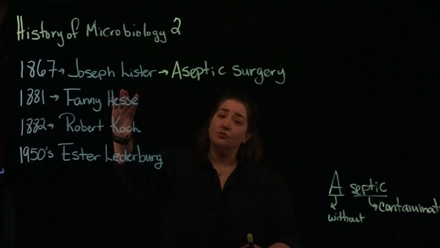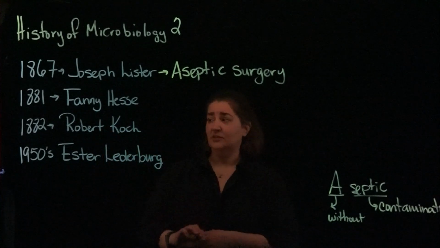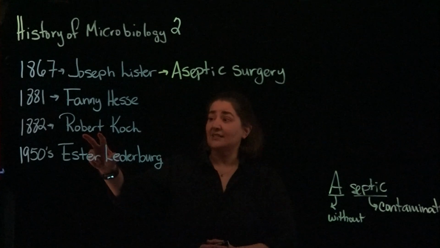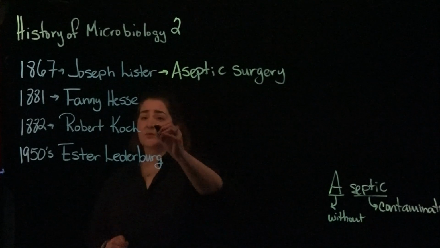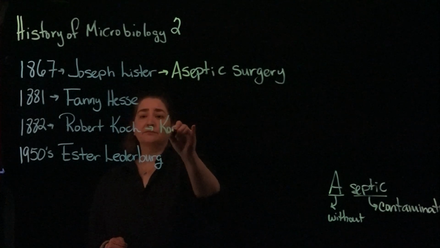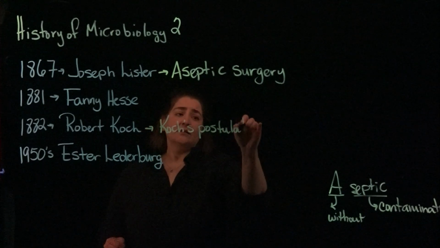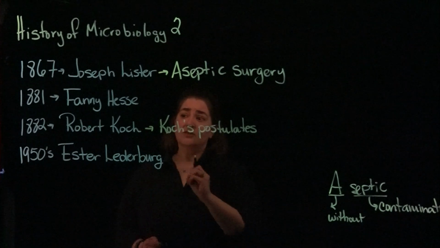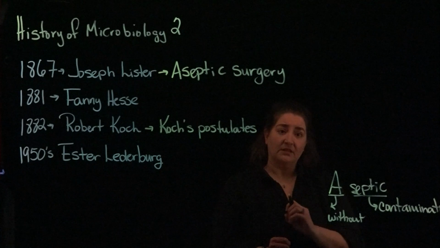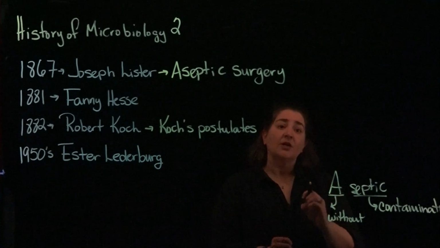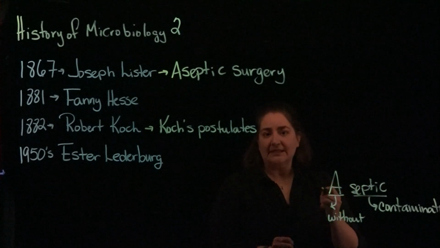The next 2 scientists I'm going to talk about are Fanny Hesse and Robert Koch, okay? Now in textbooks, you tend to see this name a lot because what Koch is responsible for are something known as Koch's postulates. That is a series of steps that scientists go through to determine if an individual bacteria is the cause of disease.